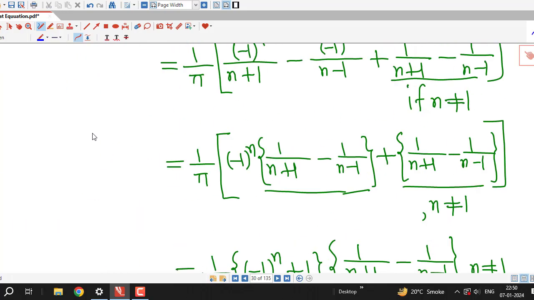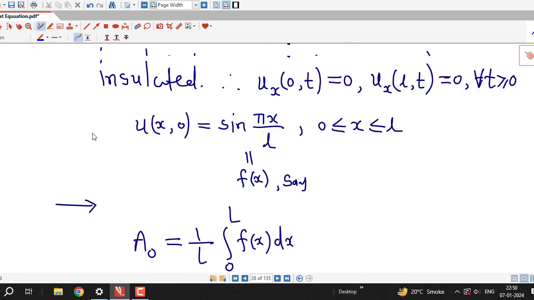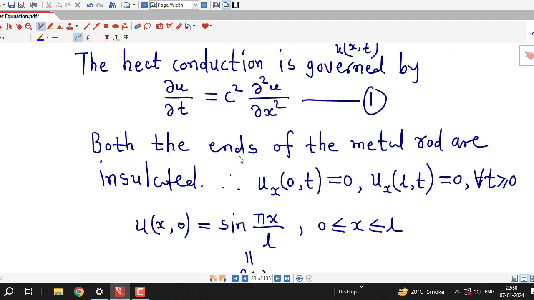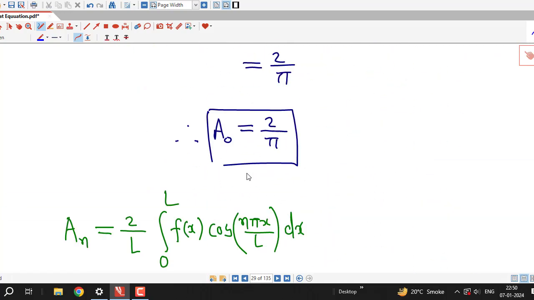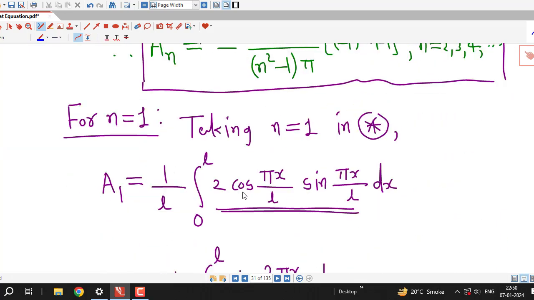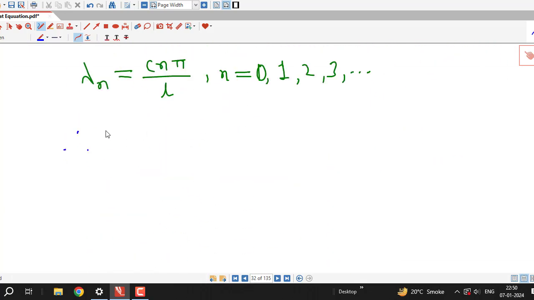What we are asked to find out? We have to find the temperature in a thin metal rod of length L. So temperature at any point x comma t, that we have to write now. Once we obtain all these things, we have to just put them in that formula.